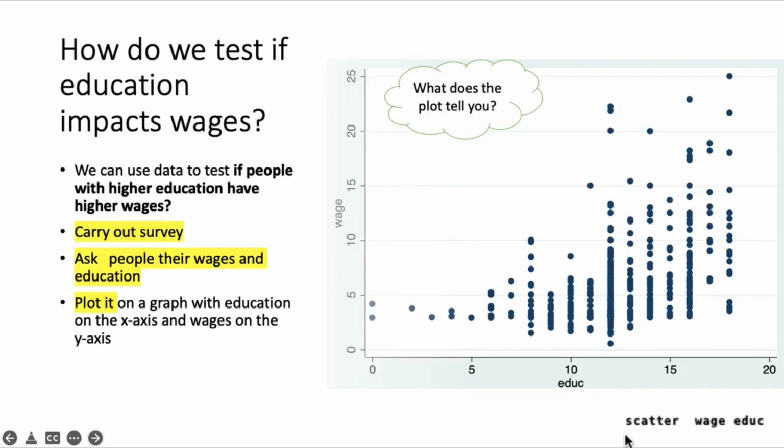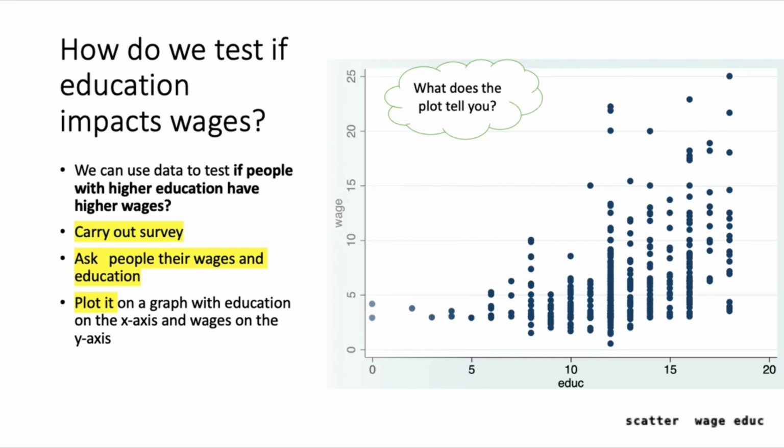By looking at this graph, which by the way is called a scatter plot, each point represents a particular person who was surveyed, and who gave some information about his level of education and his wage. So by looking at this plot, I wonder what you see over here.